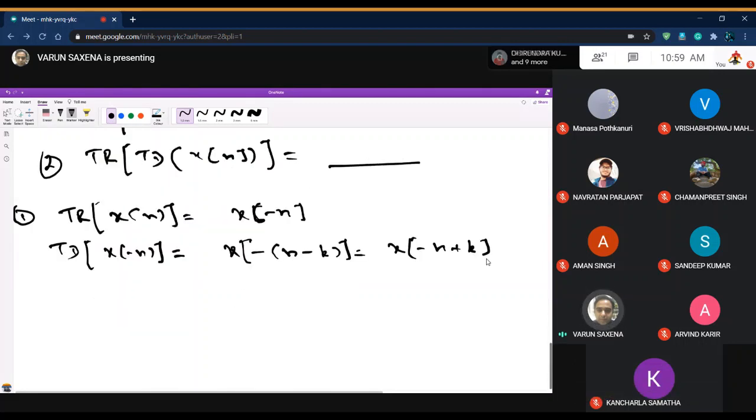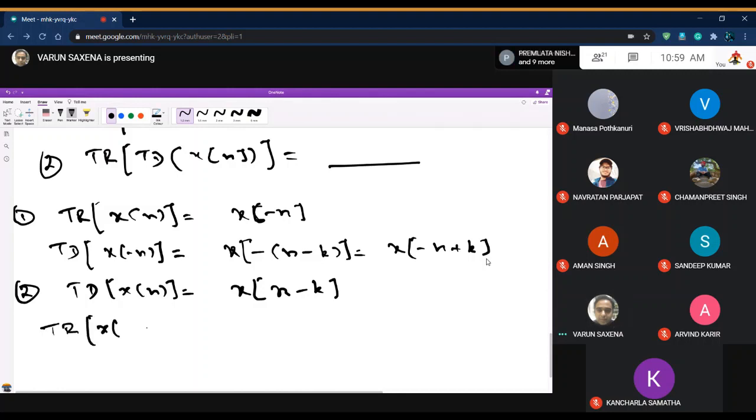Now let's look at the second case. Second case is that I am doing time delay on xn. That means I am replacing n by n minus k. So this becomes x of n minus k. Then I am doing time reversal on n minus k, which means that I am replacing n by minus n.